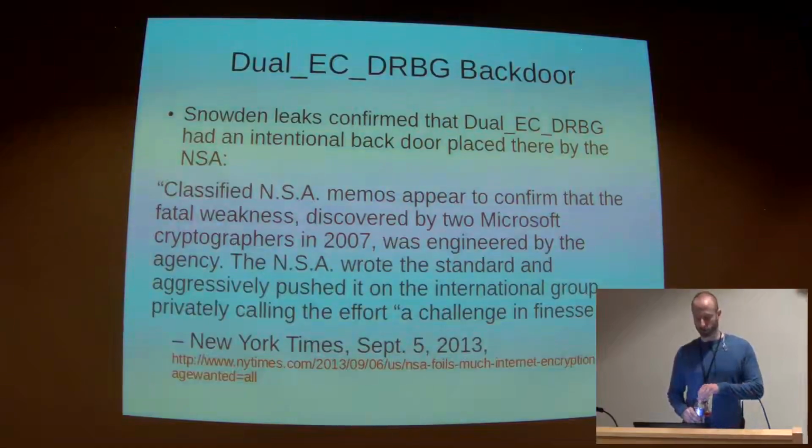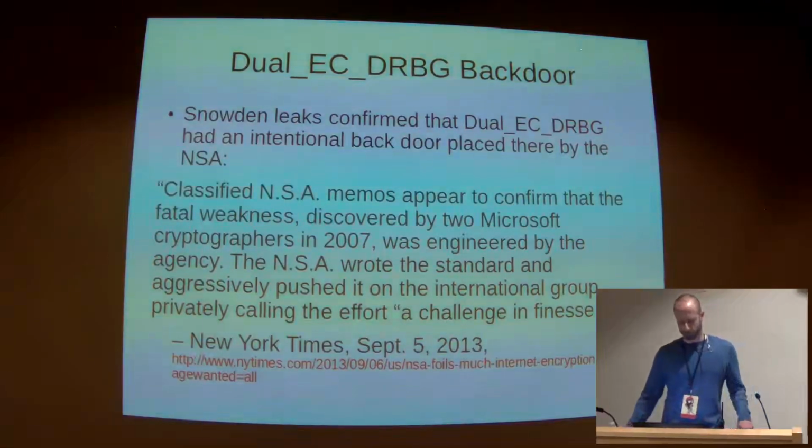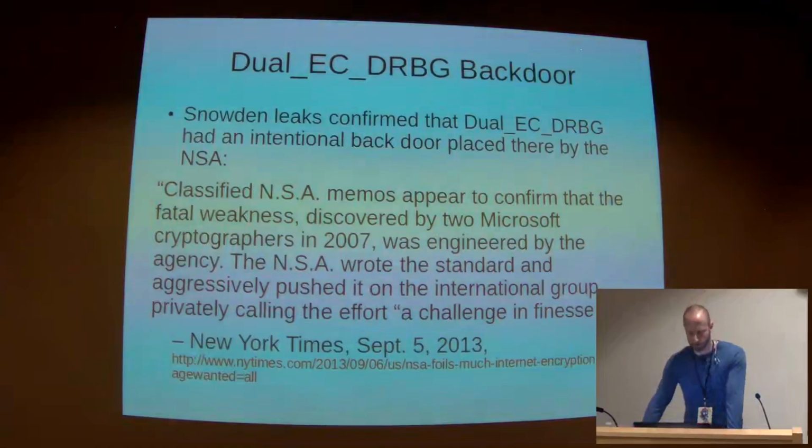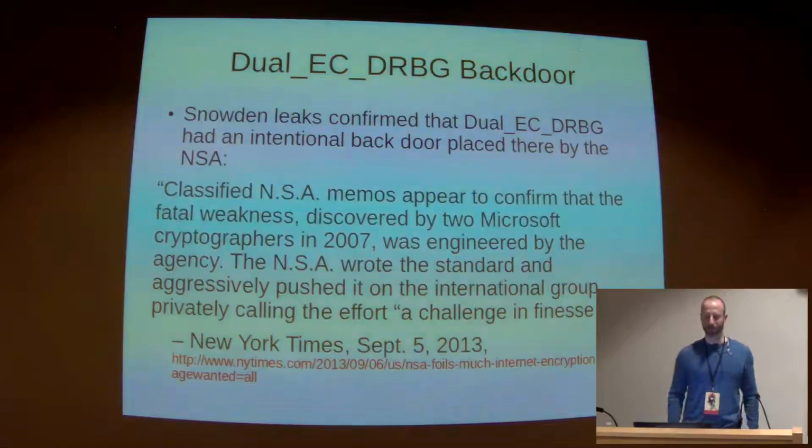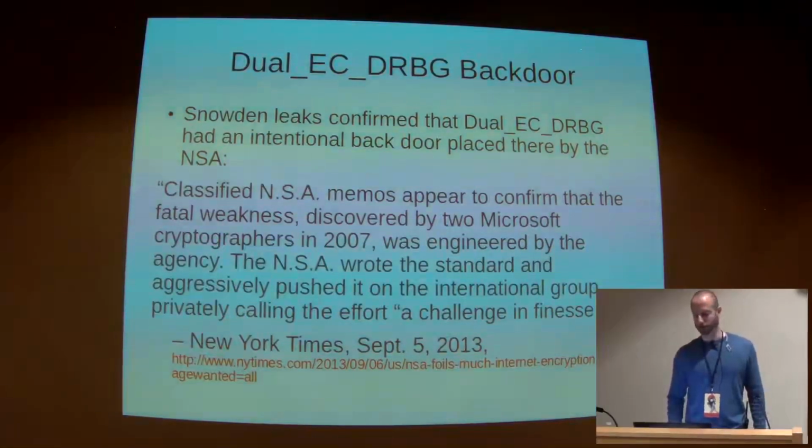Here's a quote from the New York Times. Classified NSA memos appear to confirm that the fatal weakness discovered by two Microsoft cryptographers in 2007 was engineered by the agency. The NSA wrote the standard and aggressively pushed it on the international group, privately calling the effort a challenge in finesse. So they got caught red-handed.